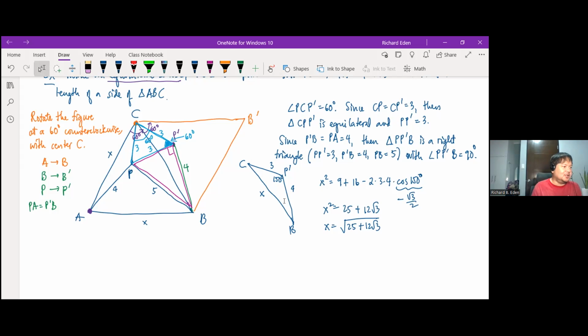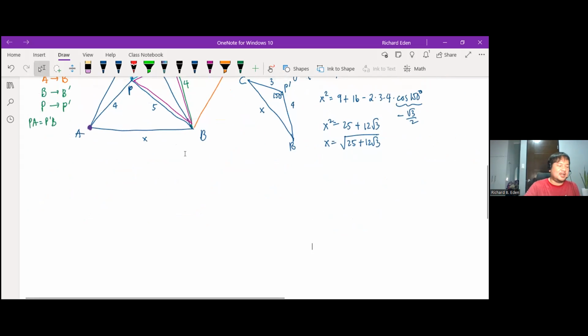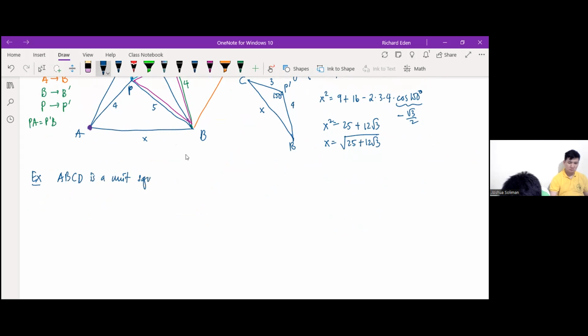All right. Ito try natin. Next example. Example. Okay. ABCD is a unit square.